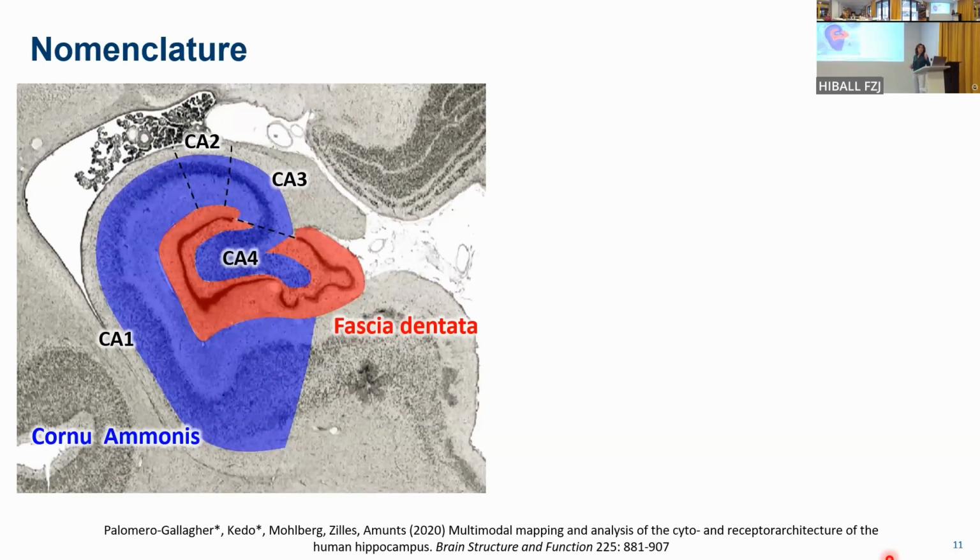And what you see here is a coronal section through a human hippocampus, through the part where we would have the body of the human hippocampus. And I have highlighted the cornu ammonis and the fascia dentata in blue and in red, respectively, okay? And these are, as I said, cytoarchitectonically identifiable structures, right?